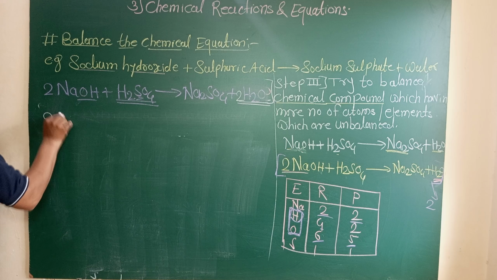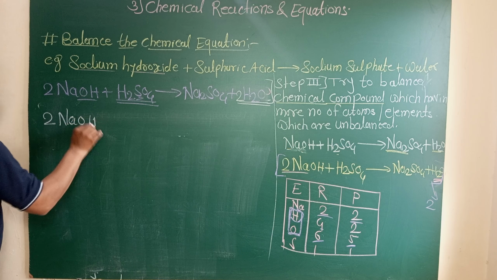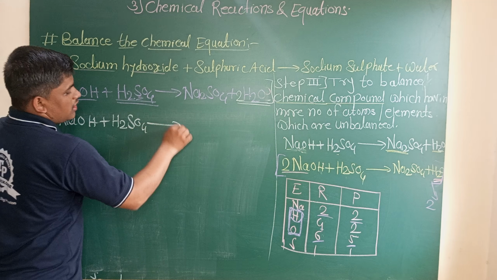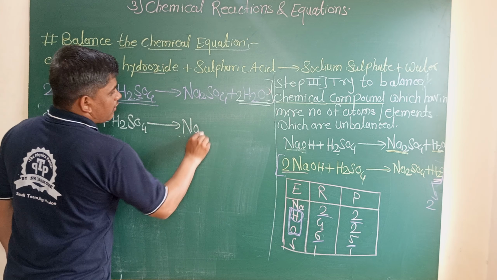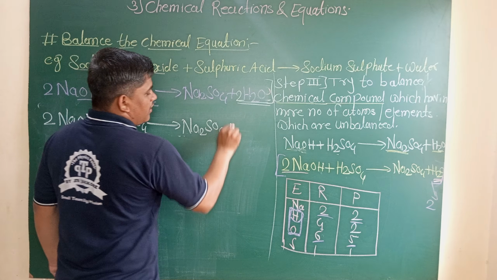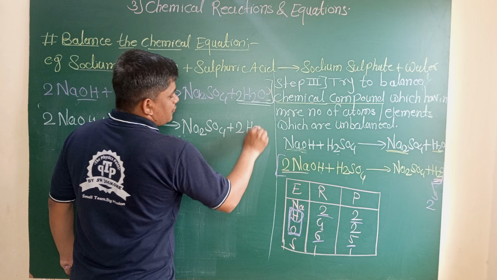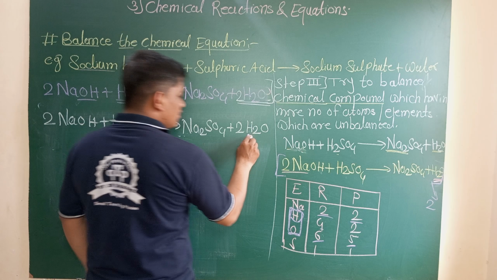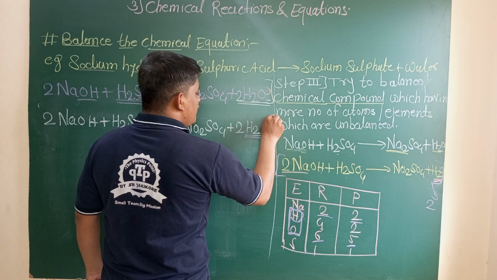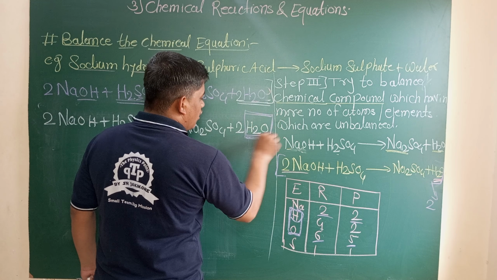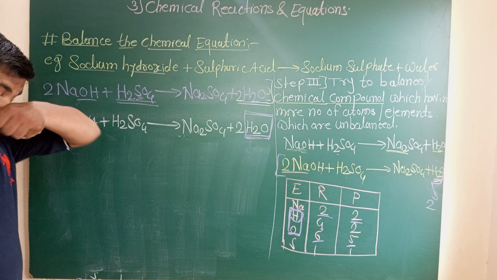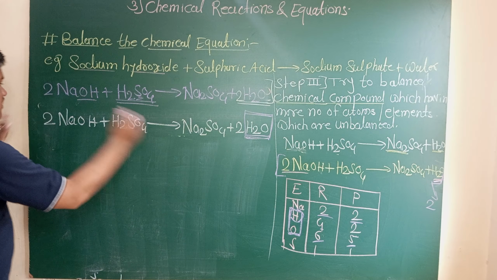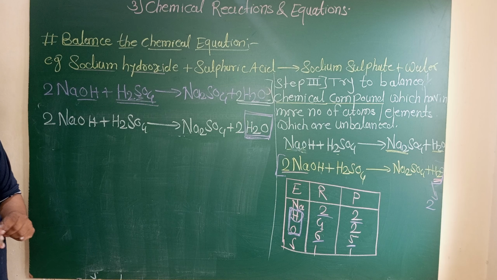The new equation is 2NaOH plus H2SO4 gives Na2SO4 plus 2H2O. Because this is the only single chemical compound which has all the unbalanced elements, hydrogen and oxygen, all terms get balanced.